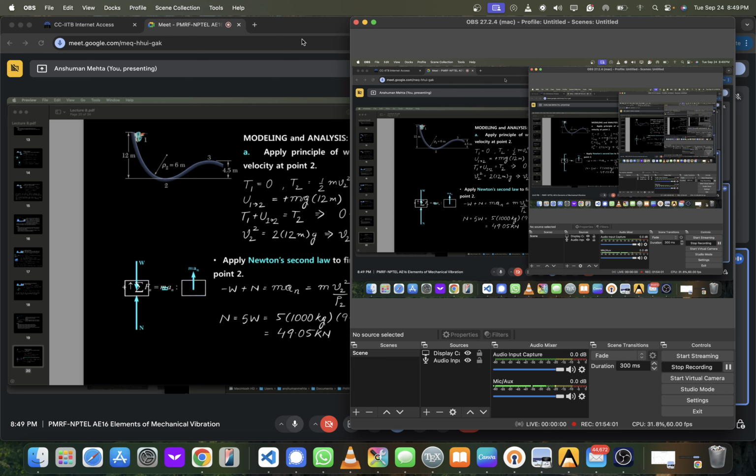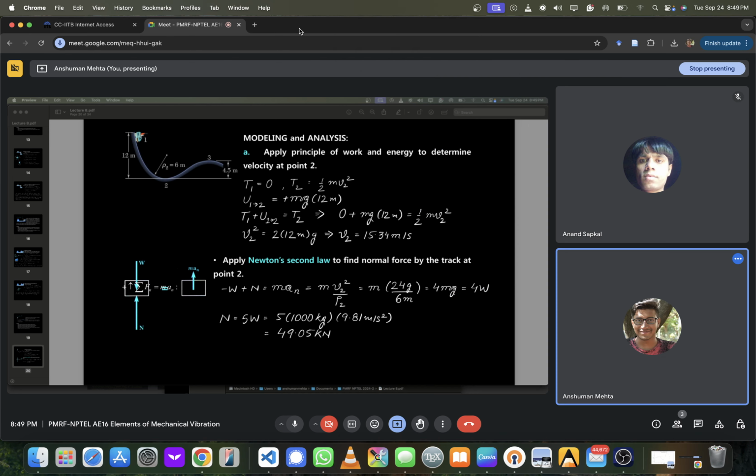N is equal to 5W, where W is our weight here.